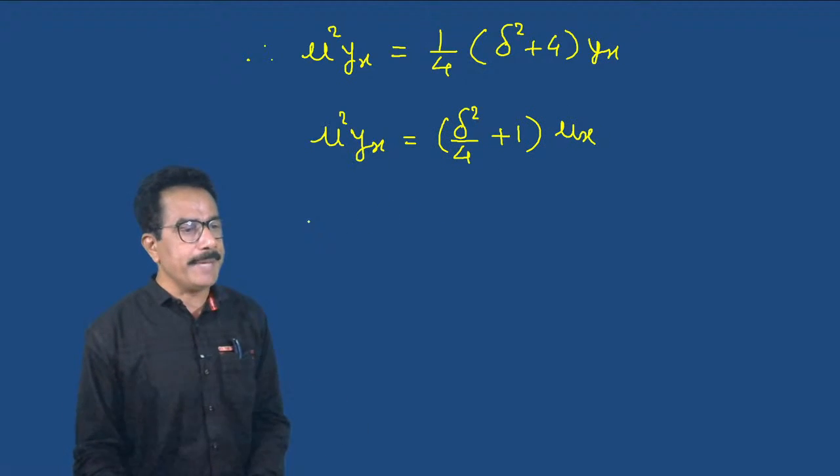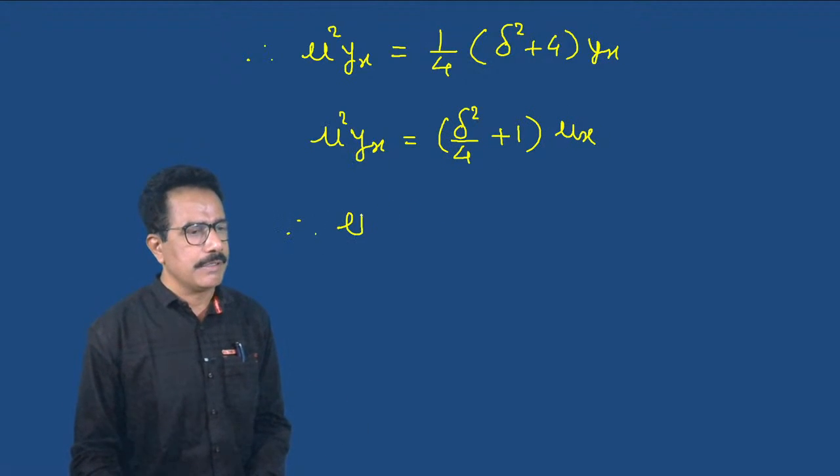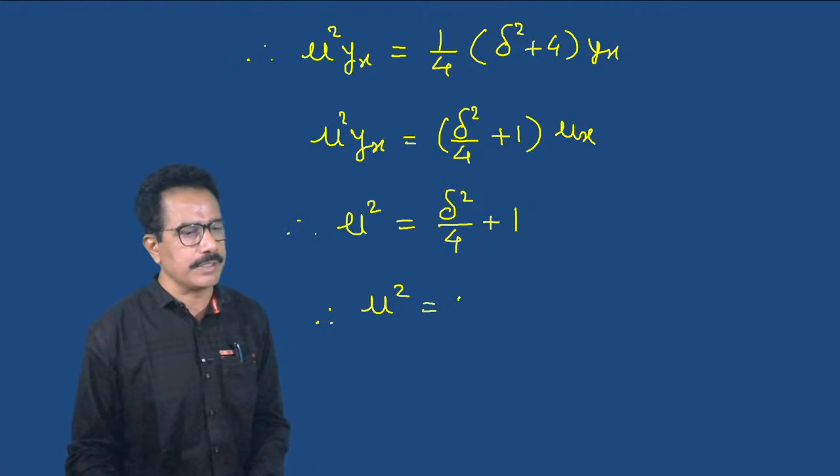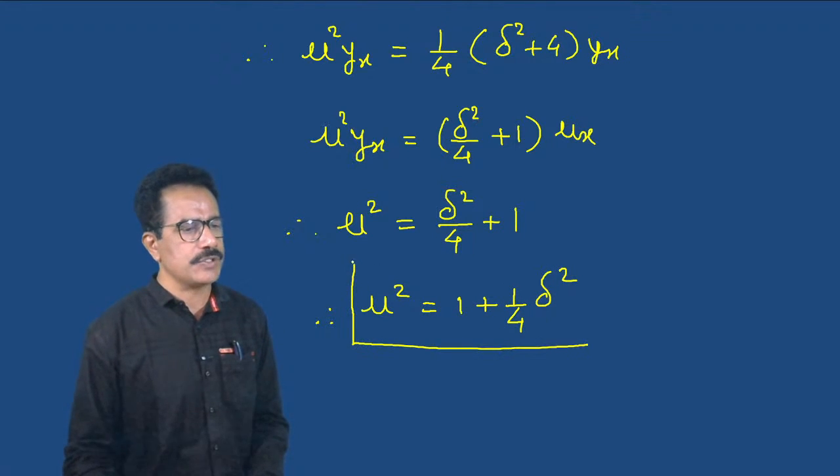So by comparing we can write mu square is equals to delta square by 4 plus 1. That means mu square is equals to 1 plus 1 by 4 delta square, and hence proved.